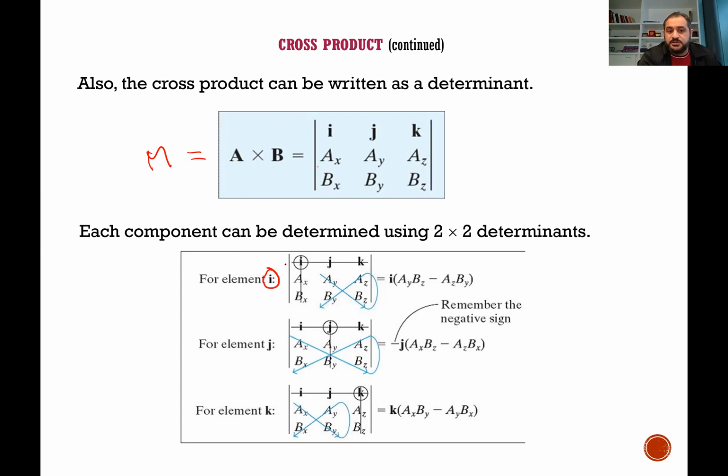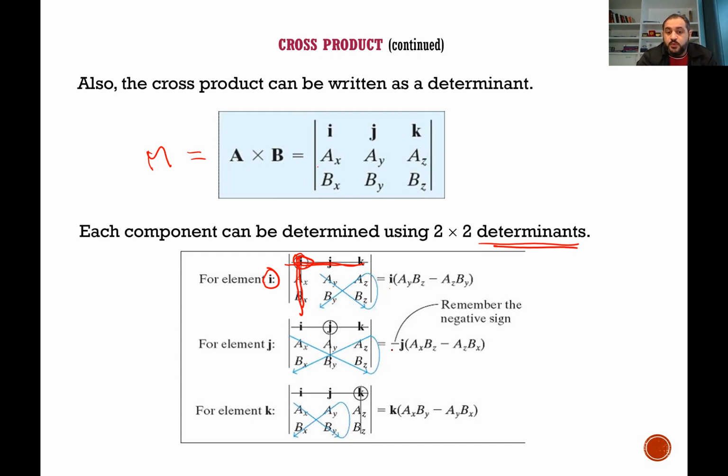For i, it is in the first row and first column, so we cancel these. We are left with ay, bz, and az, by. So the determinant will equal ay bz minus az by, right?